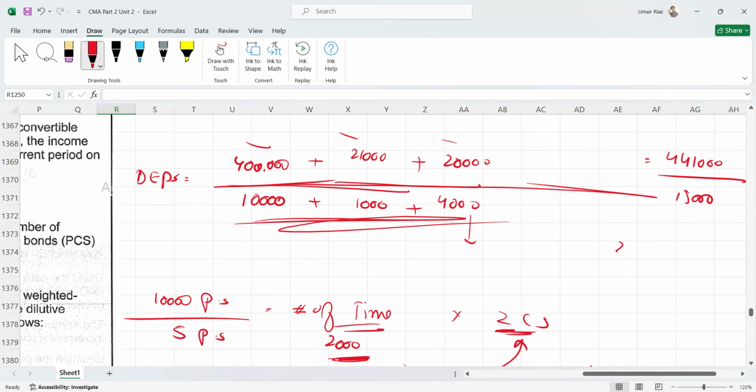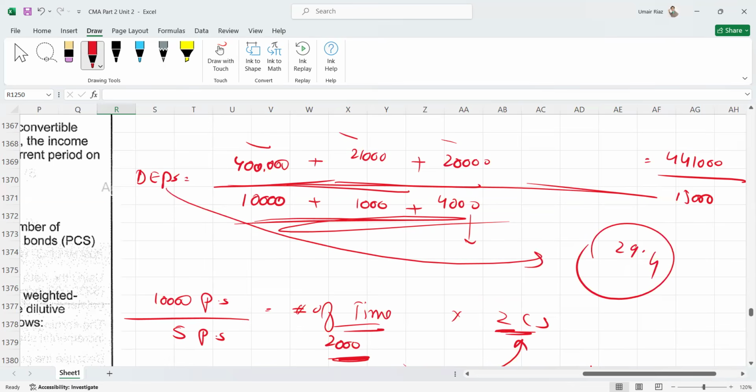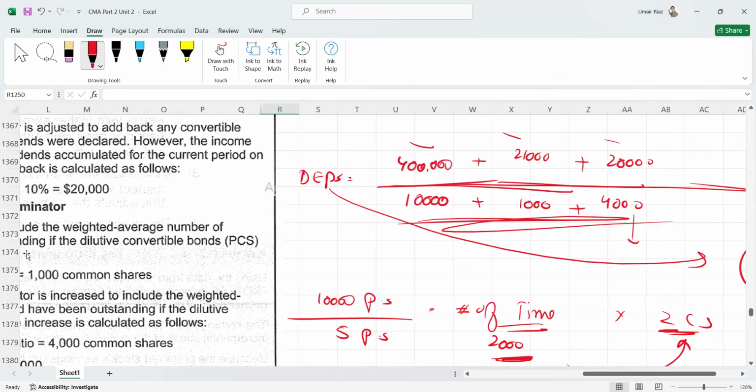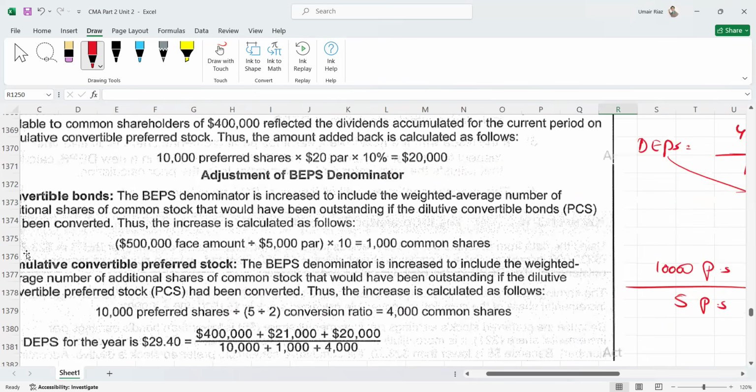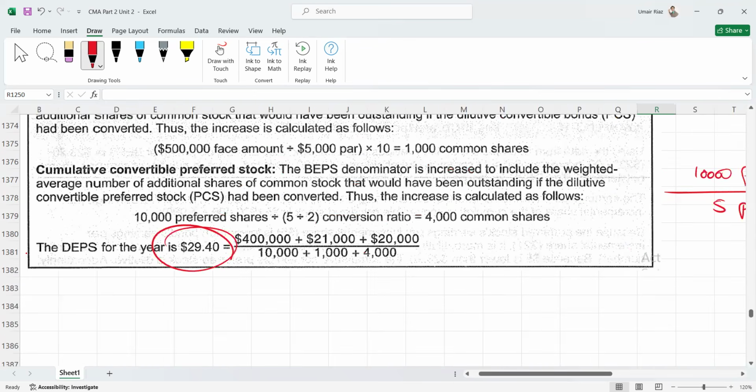So EPS is 29.4. This is diluted EPS. We can check, is it correct or not? 29.4. Yes, correct.